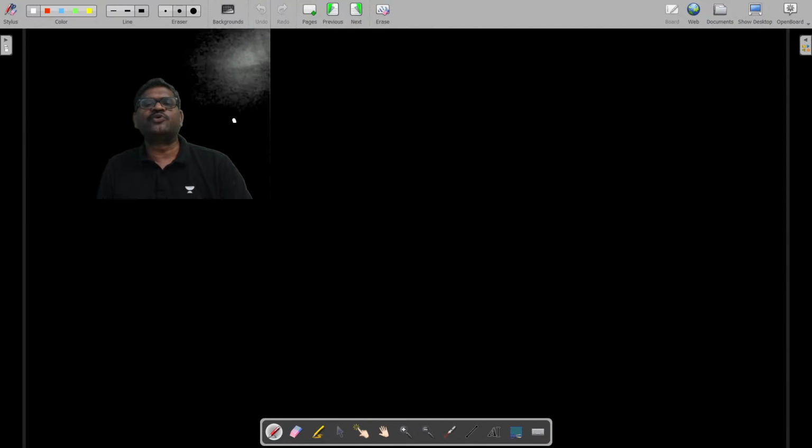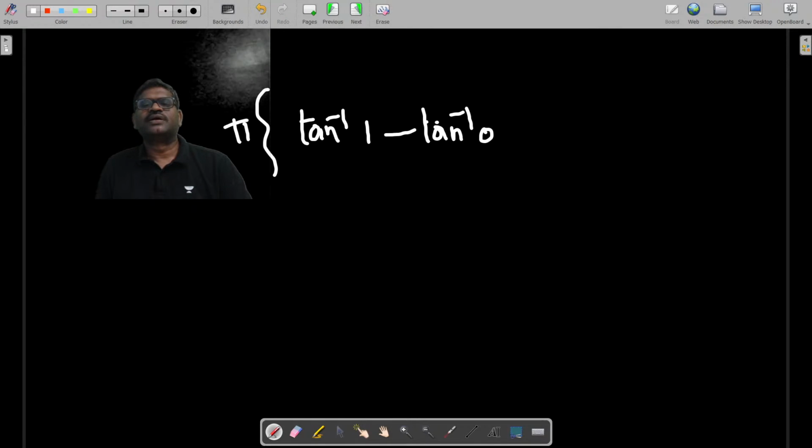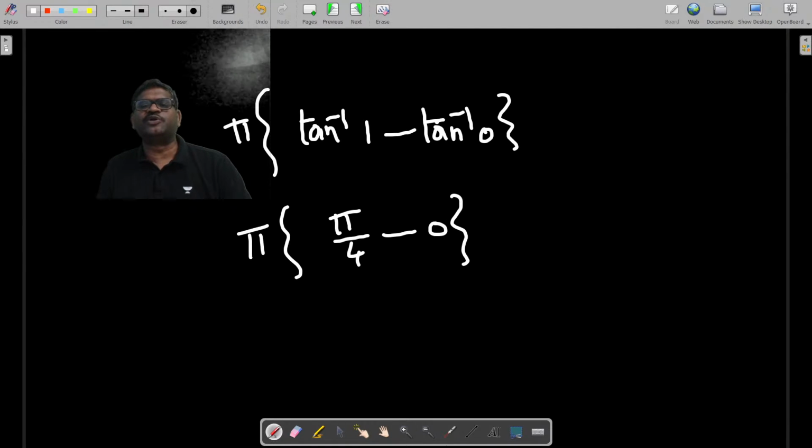Therefore pi into tan inverse 1 minus tan inverse 0. Tan inverse 1 is pi by 4. Tan inverse 0 is 0.